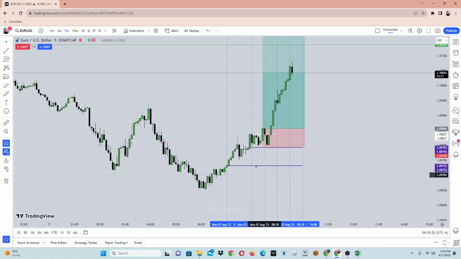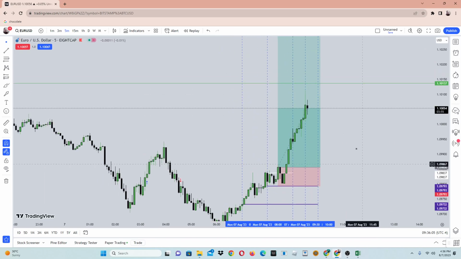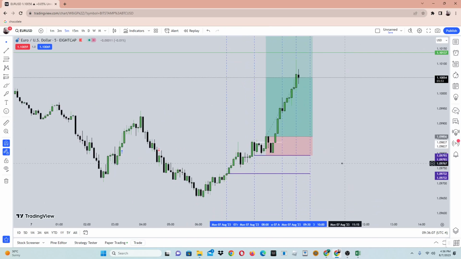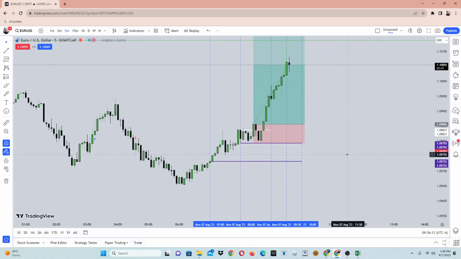This is one of my rules, and I cannot take a trade if a swing formation is not below or above the opening. It should be below the opening if I'm targeting long. So what happened is I will wait for the next hourly candle.